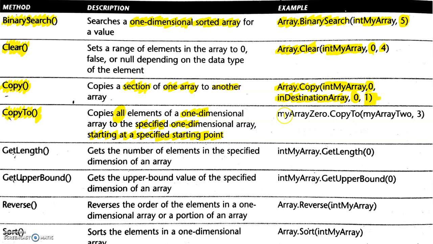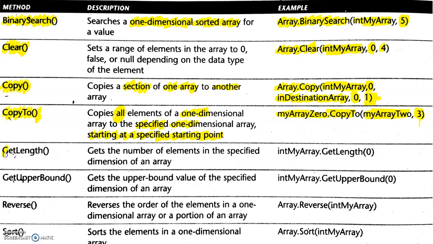For that you write the name of the array, then dot copy to, and in the parameter simply give the name of the array and the specified starting point, meaning it should start from this location. Here we are not specifying the length, we are just giving the starting index. So that is the copy to method.